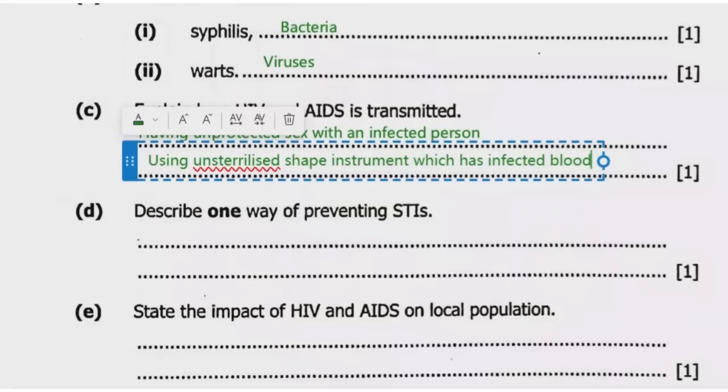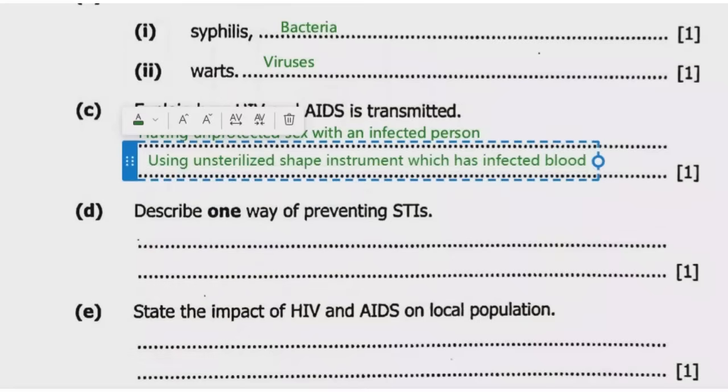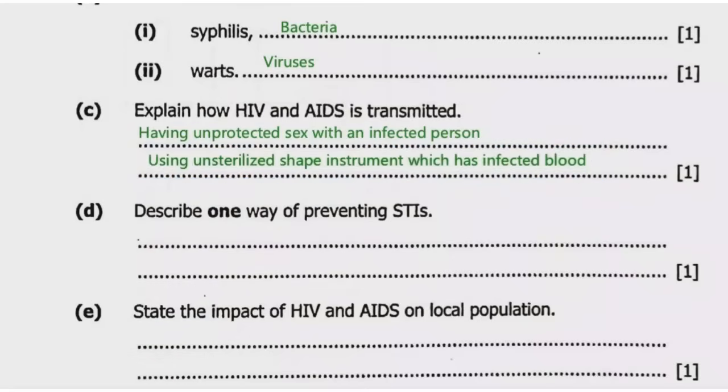Using an unsterilized sharp instrument which has infected blood will also lead to you contracting or transmitting HIV AIDS. So basically, you make sure that the sharp instrument you are using is sterilized and has no infected blood. If you use a sterilized sharp instrument that has no infected blood, again you are safe.